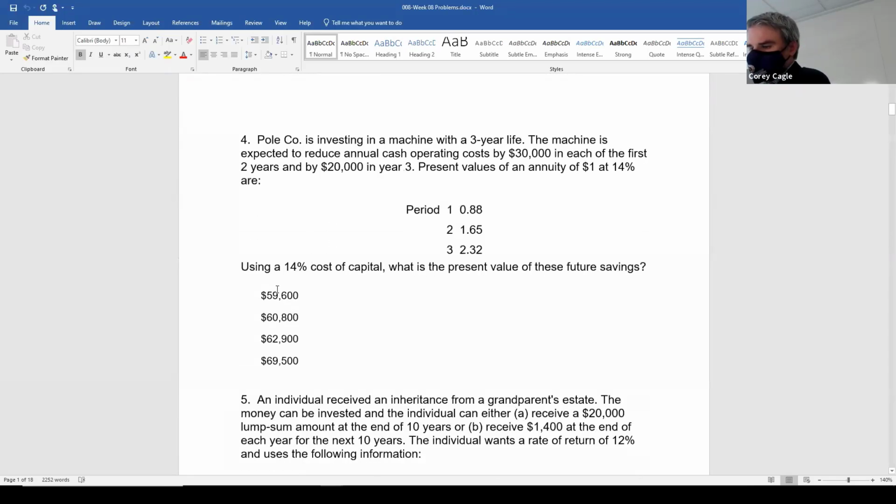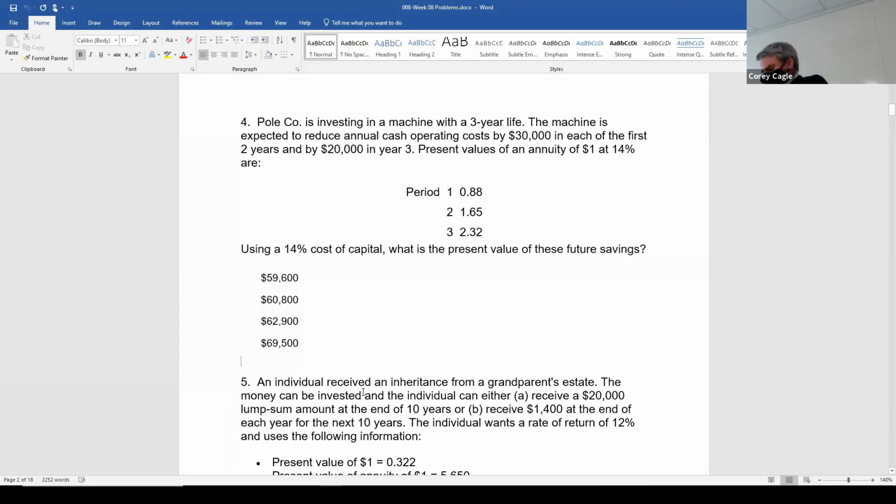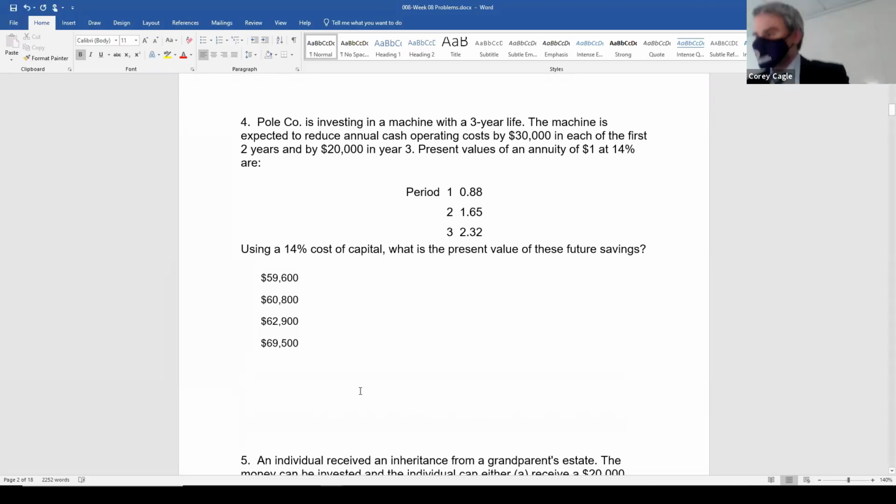So I want to start with number 4, just because I want to make sure that you guys understand. It's a good thing to know how and why we do what we do with these tables. And this is a good example to explain that. On number 4, it says we got a company investing in a machine with a 3-year useful life.